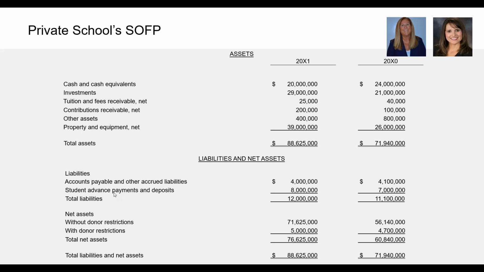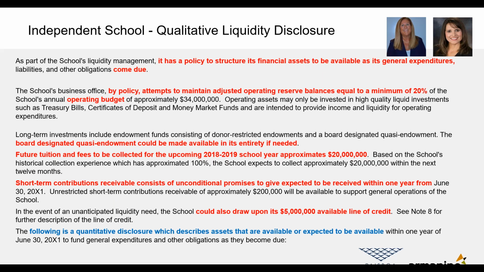So let's kind of move forward and look at what their disclosures might look like. So this first disclosure is their qualitative disclosure. And you'll see some of those same things that we said we would talk about. We're going to say, yep, we have a policy to structure our financial assets to be available for general expenditure as they come due.